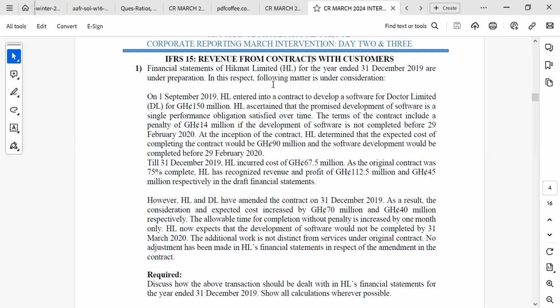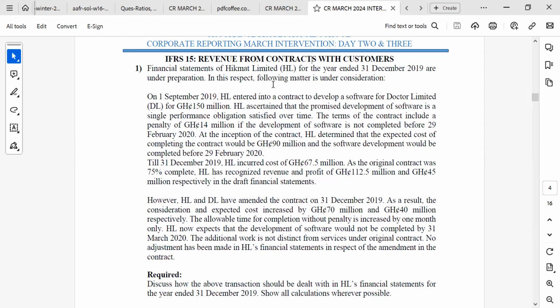What is the total contract price? 150 million. The question has even said that they are going to ascertain that the promised development of software is a single performance obligation satisfied over time.